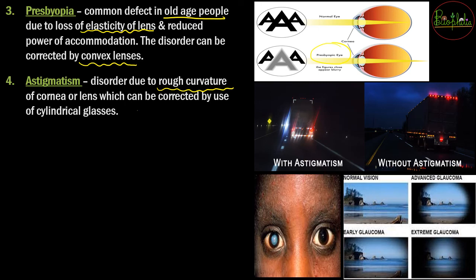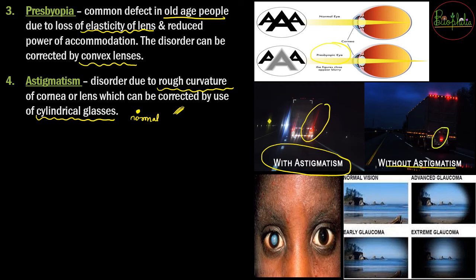That is, if one has to see an image at a single point, instead of normally seeing one dot, it will get smudged. So that is nothing but astigmatism. That can be corrected with the help of cylindrical glasses. So here you can see when the person has the defect, how are the lights visible to that person, whereas the person who has normal vision, how will he see that particular point of light.